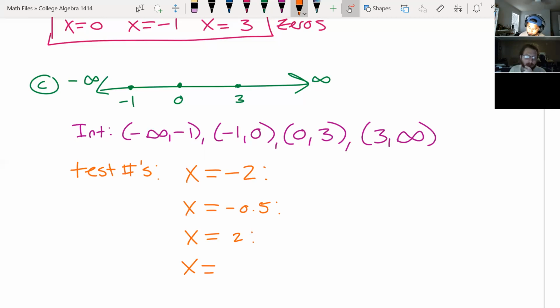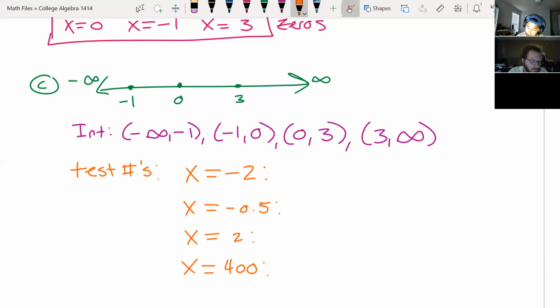And 3 to infinity. 400. Perfect. It doesn't matter as long as it's in that interval. We could choose 4, 40, 400, we could choose 4 million, as long as it's in that interval. Because all we care about is the sign. We only care about the outcome.